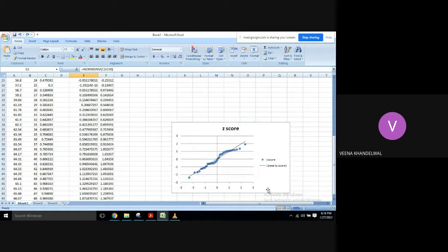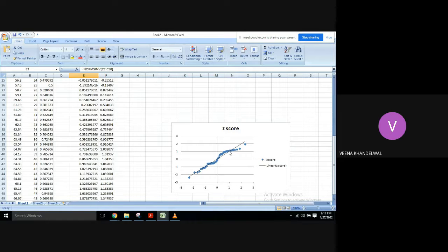Here we can see that this Z score is the score computed from the values of the data, and this line is of the theoretical Z score. We can see that the Z score of the data is along the line. So most of the data follows along the line.